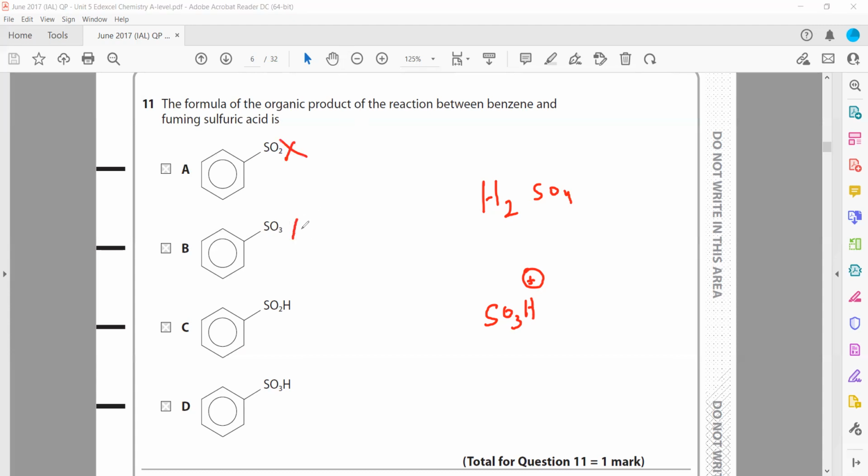Sulfur dioxide is not there, sulfur trioxide is not there. So we have two options, because H2SO4 is there, and in this H2SO4, when OH is removed, we are left with HSO3, which is positive, and then this attacks the benzene ring and undergoes electrophilic substitution reaction.